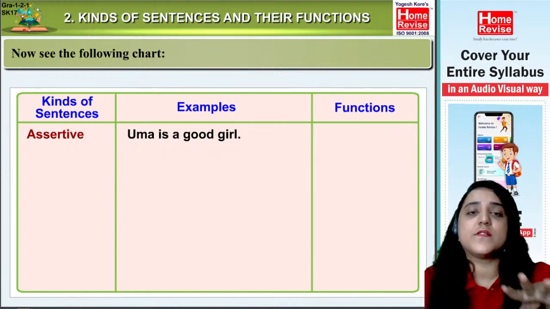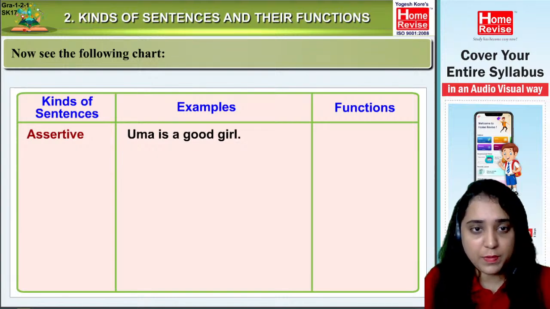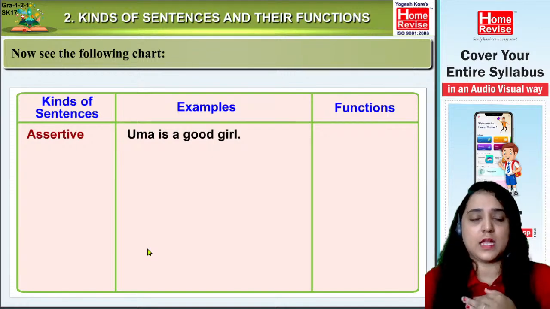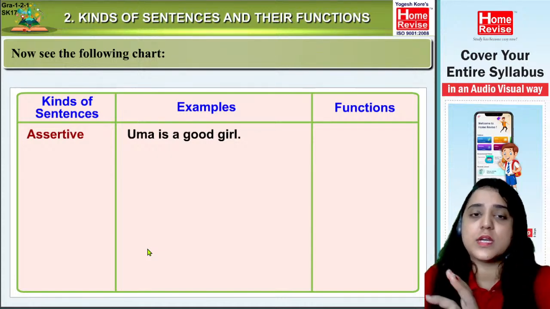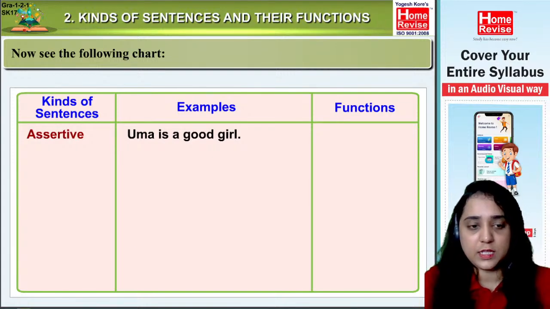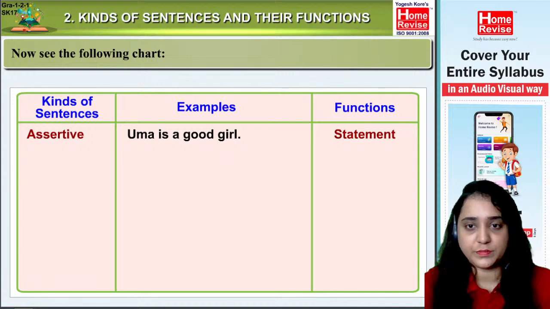Assertive sentences are limited to just a statement. There is no question, no exclamation, no command, no request, nothing. It is just a statement that yes, Uma is a good girl. Fine? Okay. Its function is that of a statement.